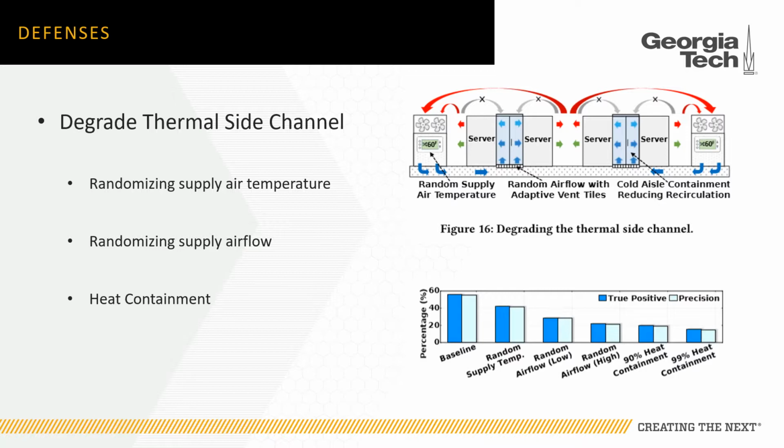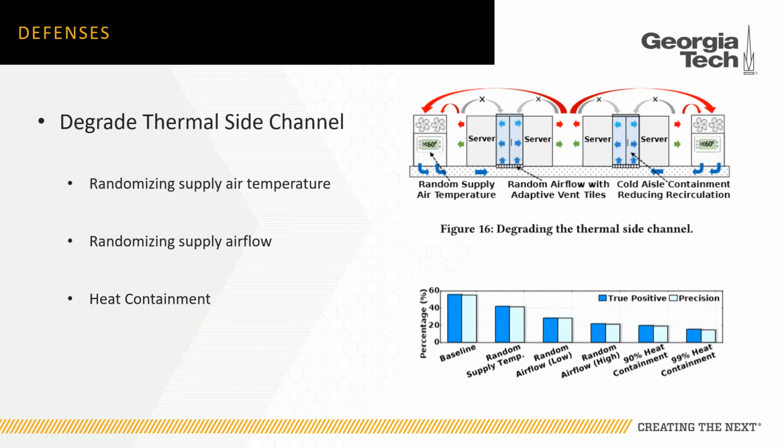And the main conclusion that the authors come to is to degrade the side channel, either by randomizing the supply air temperature, randomizing supply airflow, or by heat containment.